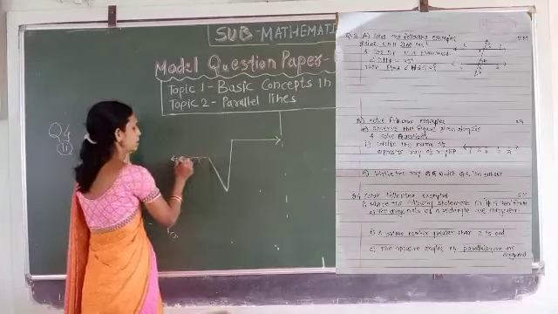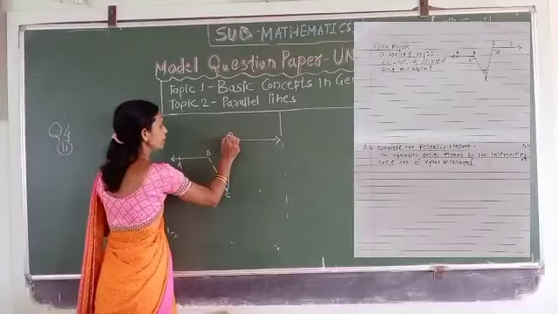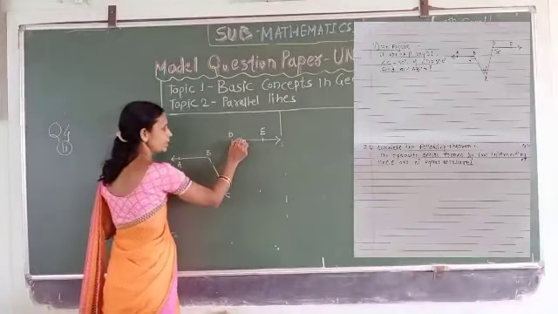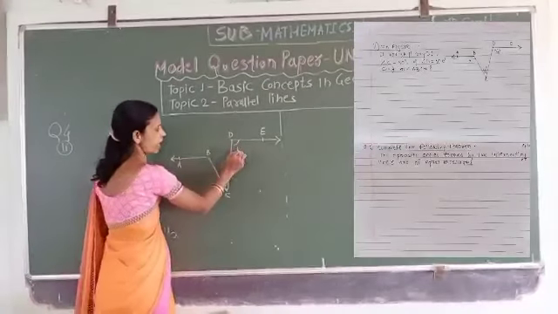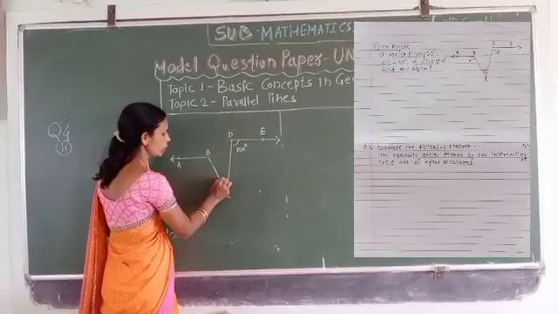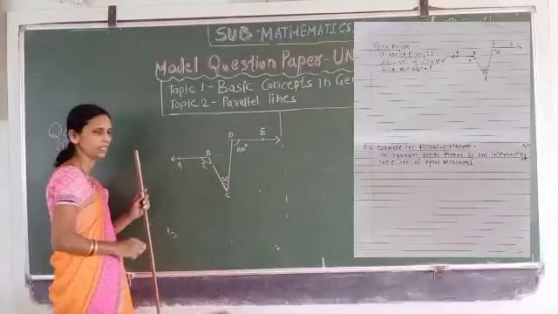See here, the figure in which there are points A, B, C, D and E, and here angle D is given as 100 degree and angle C is given as 50 degree. Then we have to find out the angle ABC.